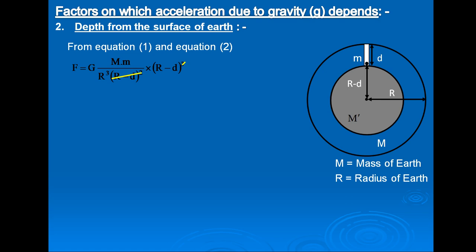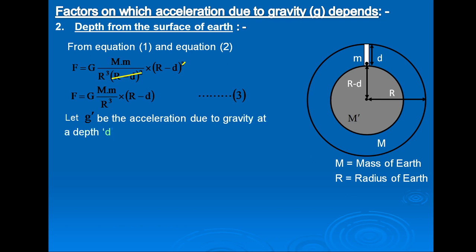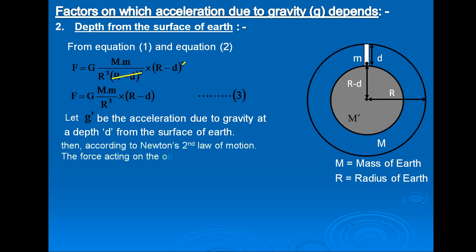Therefore F is equal to G M m upon R cube into (R minus d). Put this equation number 3. Let g dash be the acceleration due to gravity at a depth d from the surface of earth. Then, according to Newton's second law of motion, the force acting on the object is given by F is equal to m g dash.